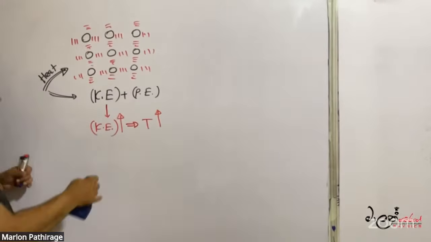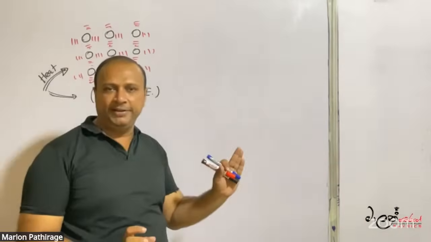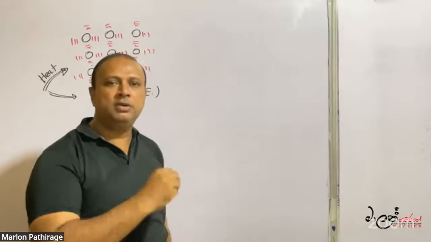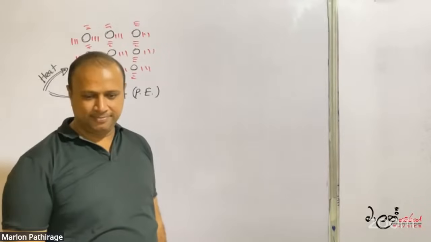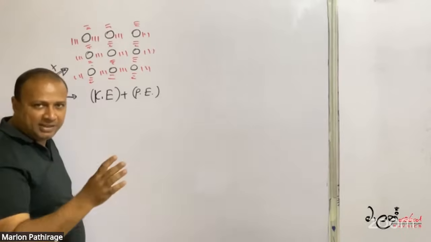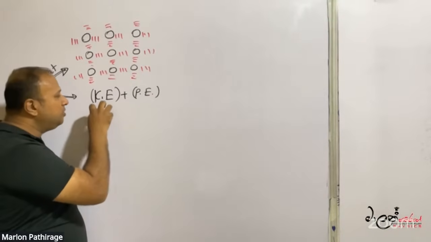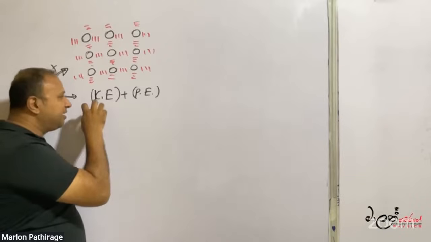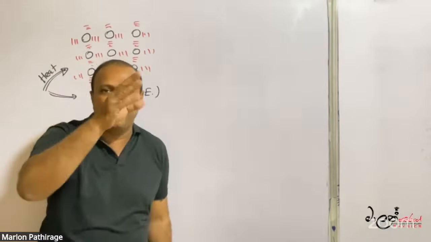So after that point, the supplied heat will be totally utilized to break the bonds. Therefore, the supplied heat won't be used to change the kinetic energy. It will be used to change the potential energy by breaking the bonds, Puti.